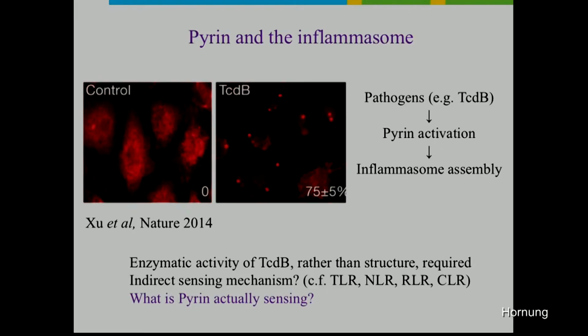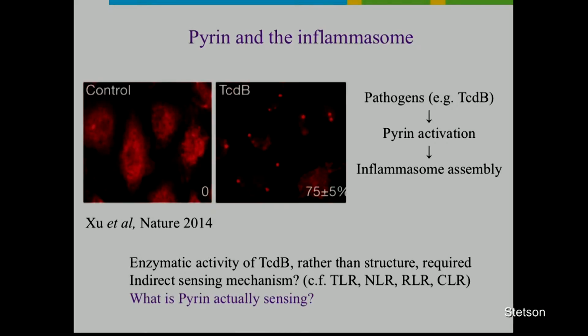Now, the really interesting thing about this is that most pattern recognition molecules or infection sensors are directly binding and sensing the products of the infection. And yet, this paper showed that it wasn't really the structure of TcdB that was required to trigger pyrin activation, but rather the enzymatic activity of the toxin.